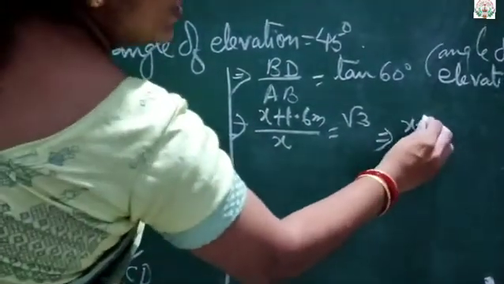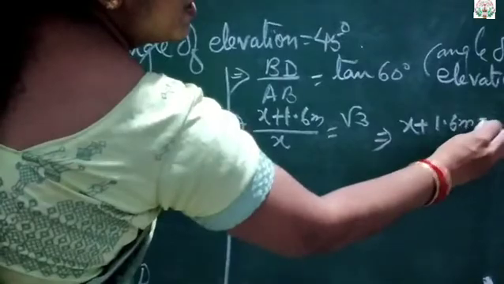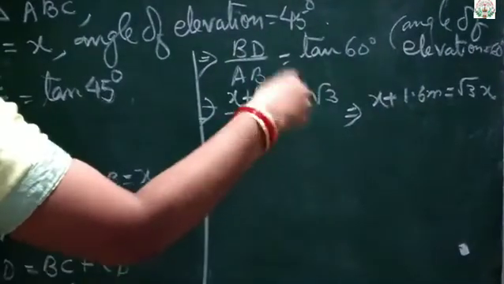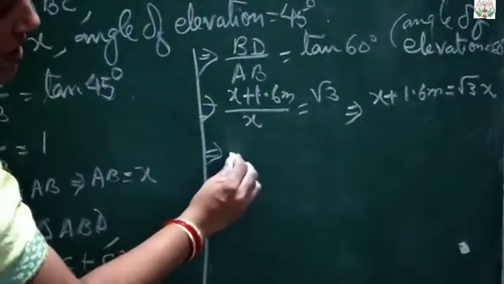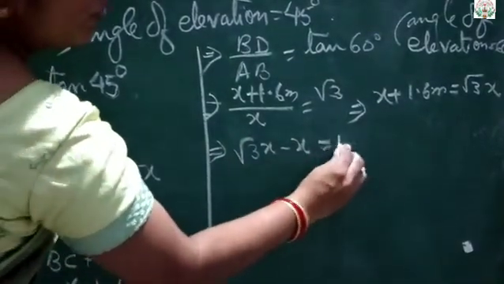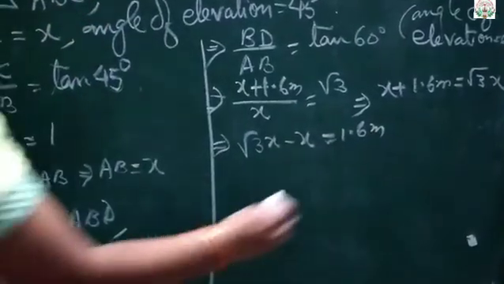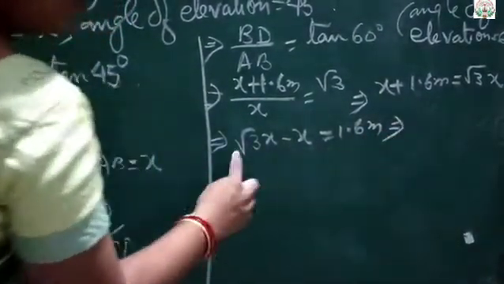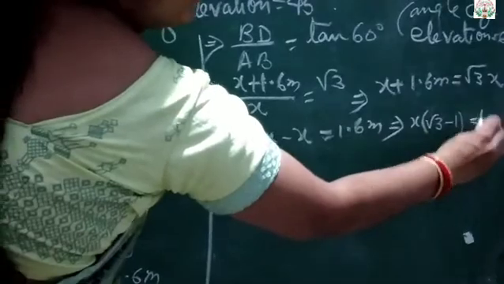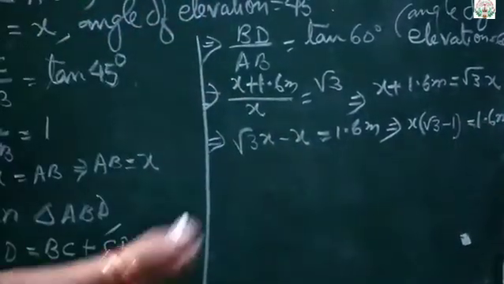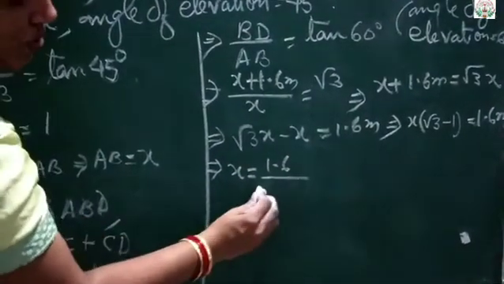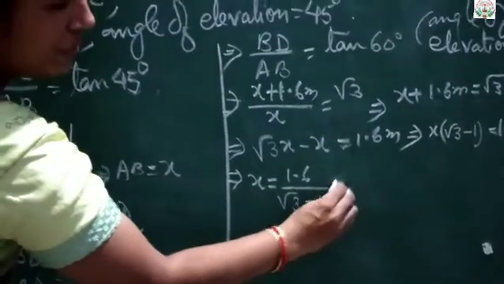Cross multiply: x plus 1.6 meter equals to root 3 x. Take all the variables to one side. So that will be root 3x minus x equals to 1.6 meter. Take common x: x into root 3 minus 1 equals to 1.6 meter, which implies x equals to 1.6 upon root 3 minus 1 meter.